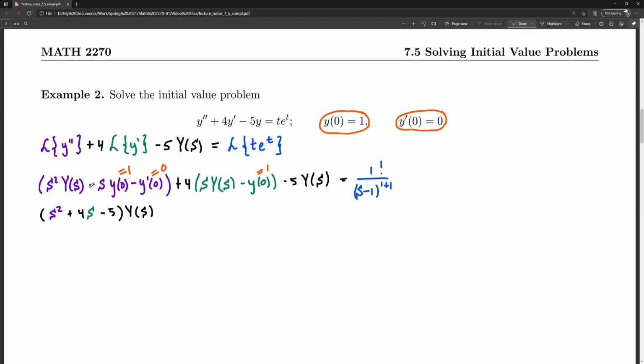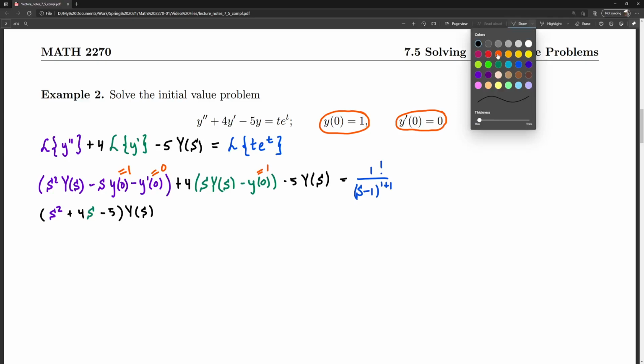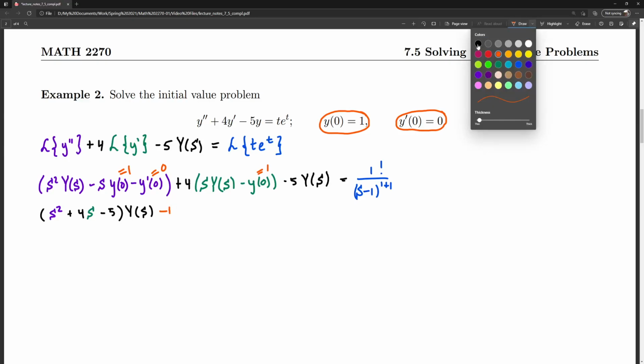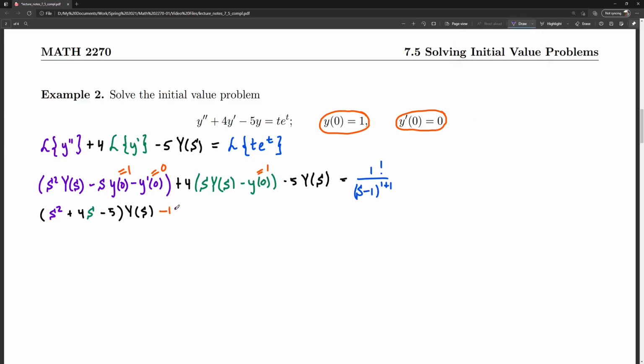And then we have the initial condition terms from here.